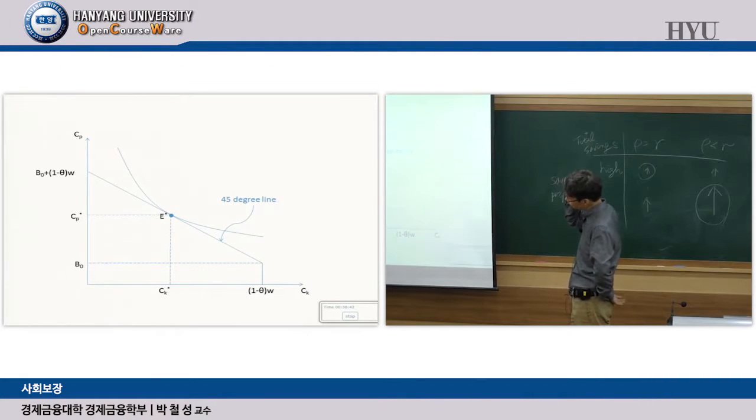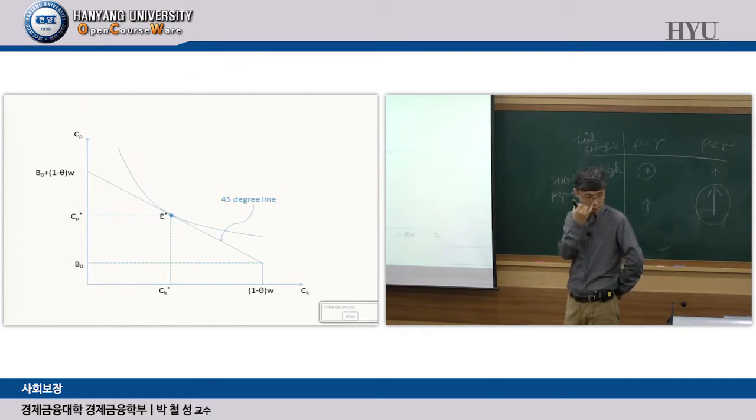Now, let's see what happens. Here, in the horizontal axis we have the child's consumption. In the vertical axis we have the parents' consumption.